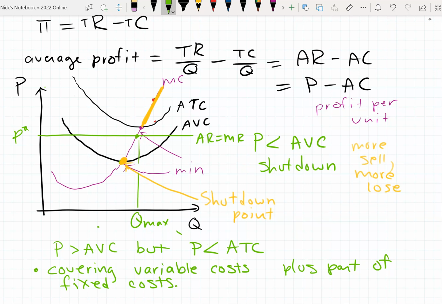We're on the hook for that rent, right? Well, unless we have to go to bankruptcy court or something like that. So in this situation, you're losing money, but you lose less by staying in business, by selling in the short run.